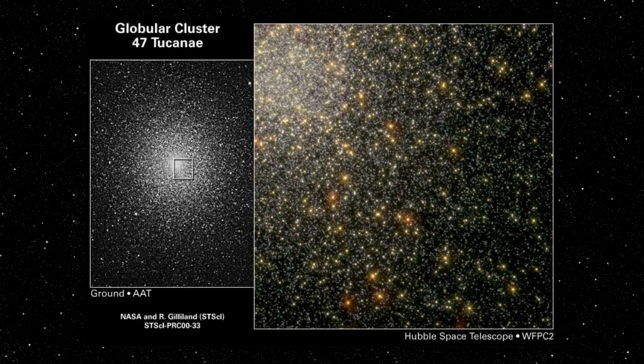If we then check out the globular cluster 47 Tucanae, this is a Hubble Space Telescope image and a study. So the big image is on the left and the study is on the right, and we see that most of the stars in 47 Tucanae are red or yellow.